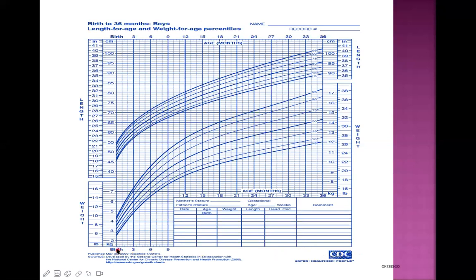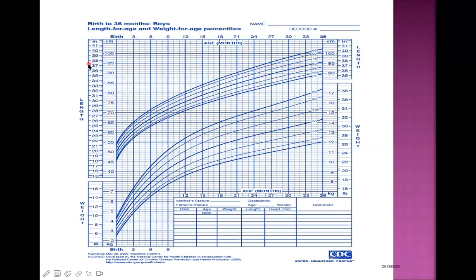See here, at the time of birth, 3 month, 6 month, 9 month, 12 month, 15, 18, 21, up to 36 months. That means up to 3 years is shown here. Now this chart is different for boys and girls. So this is the chart for the boys. Let's talk about this first, and then we'll go on to the other one.